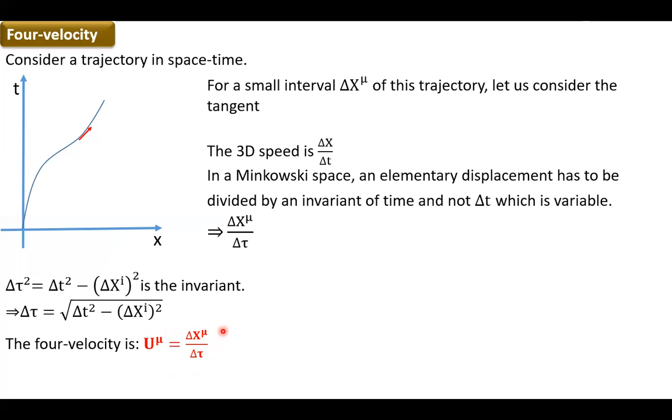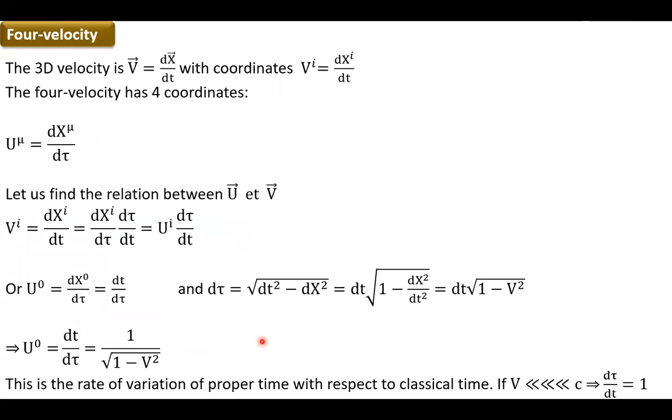So it's delta x0 over delta tau, delta x1 over delta tau, etc. As in a Euclidean space, the 3D velocity, the vector velocity v, is always dx over dt.